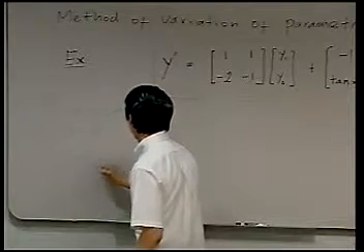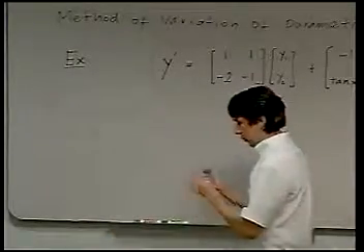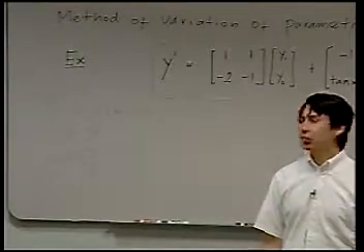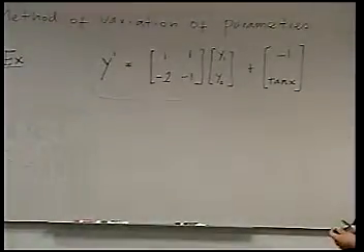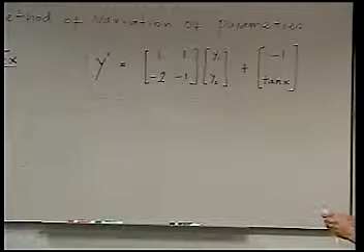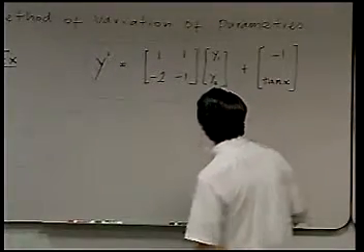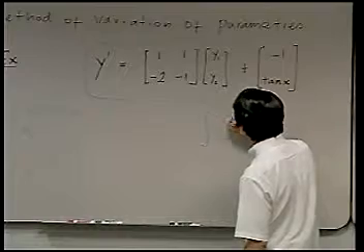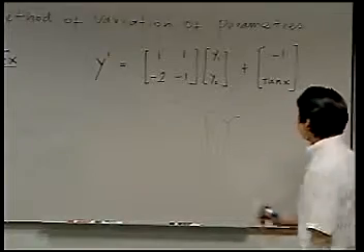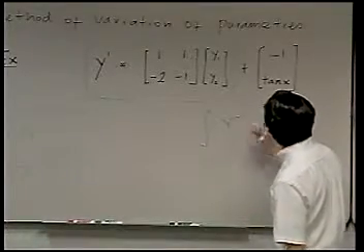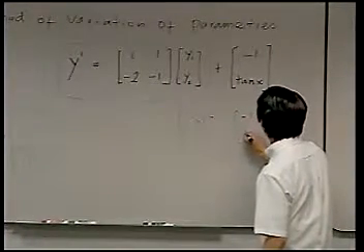So now what we need to do is apply the method of variation of parameters to solve the given non-homogeneous problem, and of course that entails computing the integral of the inverse of the fundamental matrix solution multiplied with negative tangent x.